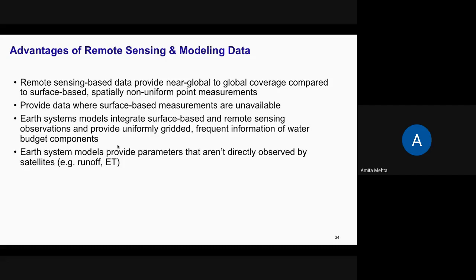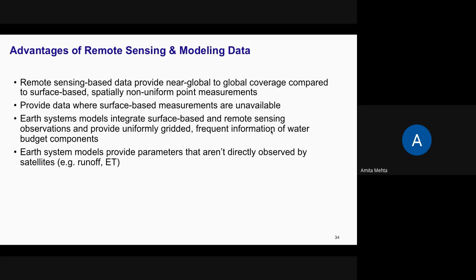Also, when you assimilate satellite data into models, you can then have uniformly gridded, more frequent in time data sets that are easier to work with, especially if you want frequent information about, say, water budget components.